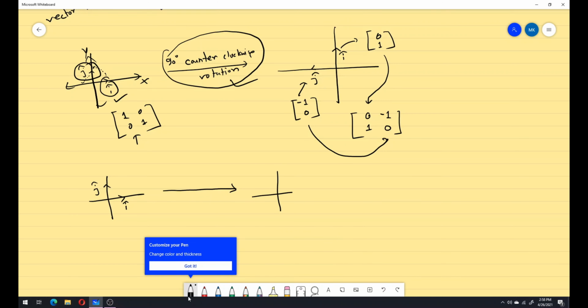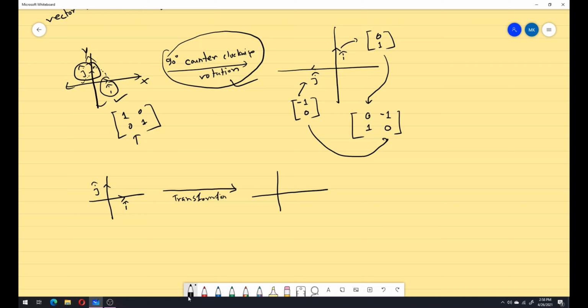So let's say after transformation, your I cap stays the same, but the j cap comes here. Okay, so if the I cap remains the same, then it should be 1, 0, and this j cap would be 1, 1.